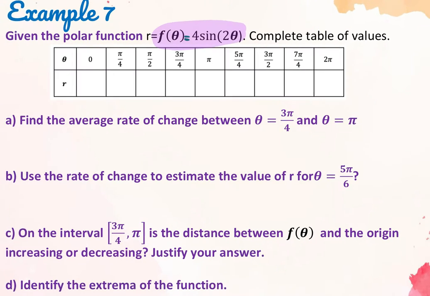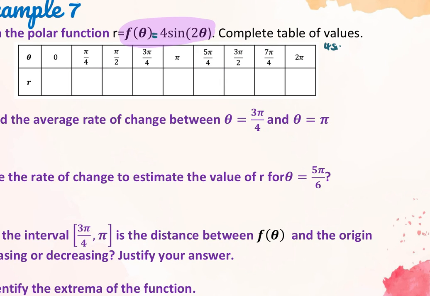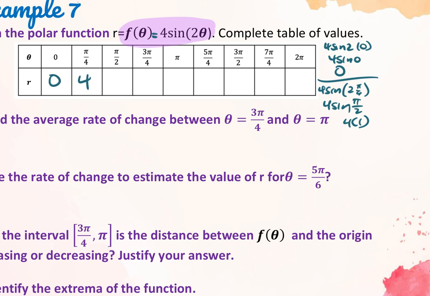So 4 sine 2 of 0 is 4 sine at 0, and sine at 0 is 0, so this is 0. 4 sine of 2 times pi over 4 is 4 sine pi over 2, and that's 1, so 4 times 1 is 4.